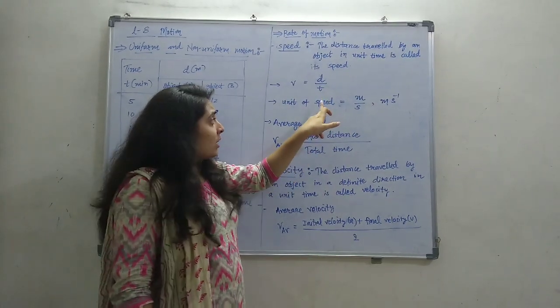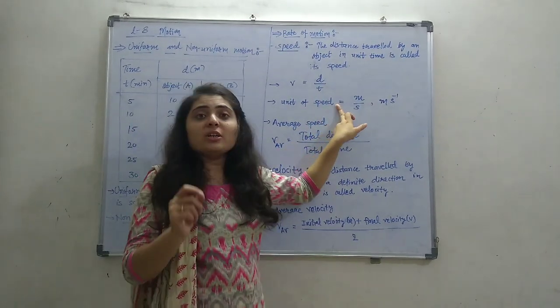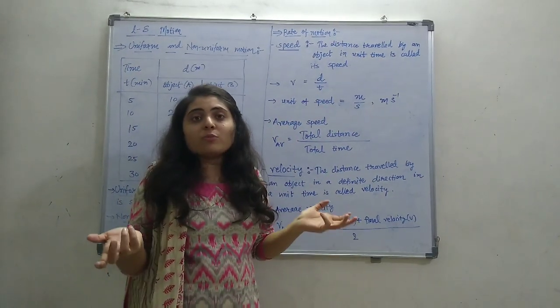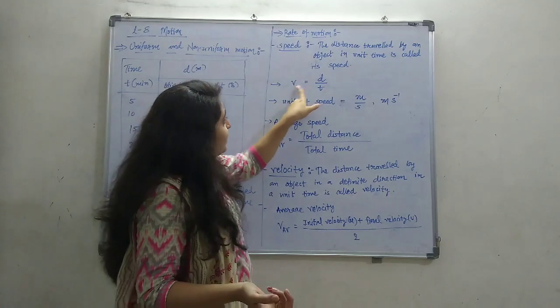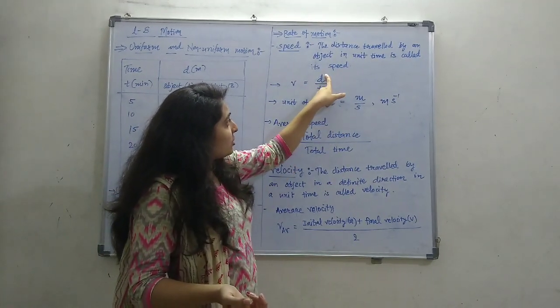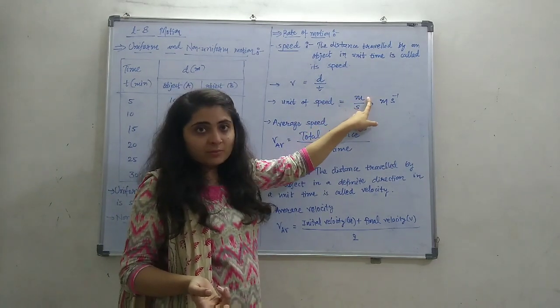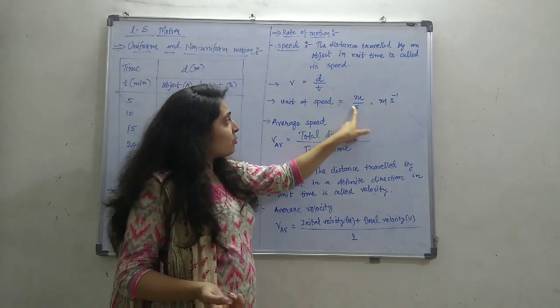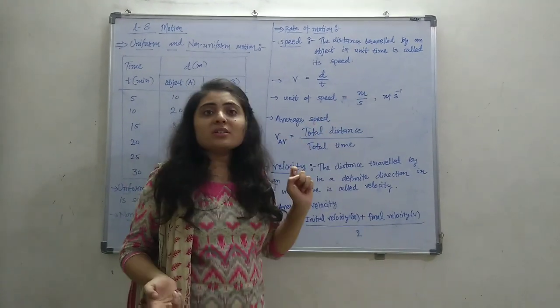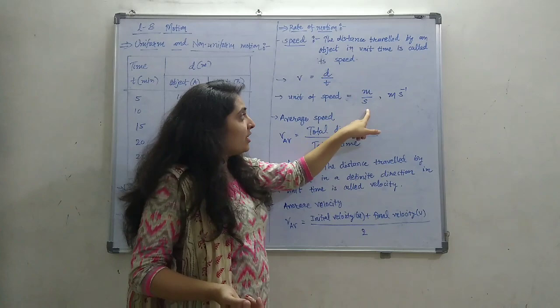Whenever we need units, they can be obtained from the formula. So speed is equal to distance upon time. So the unit for speed will be, distance is measured in meter and time is measured in second, so the unit of speed will be meter per second. How do we read it?